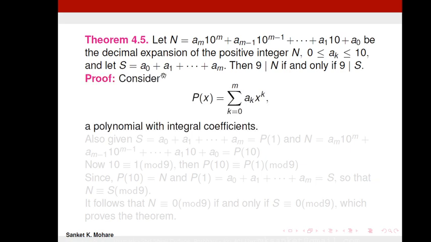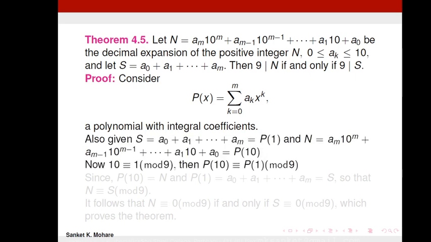So consider P of x equal to the sum over k from 0 to m of ak x to the power k, a polynomial with integral coefficients. Also given that s equals a0 plus a1 plus and so on plus am.